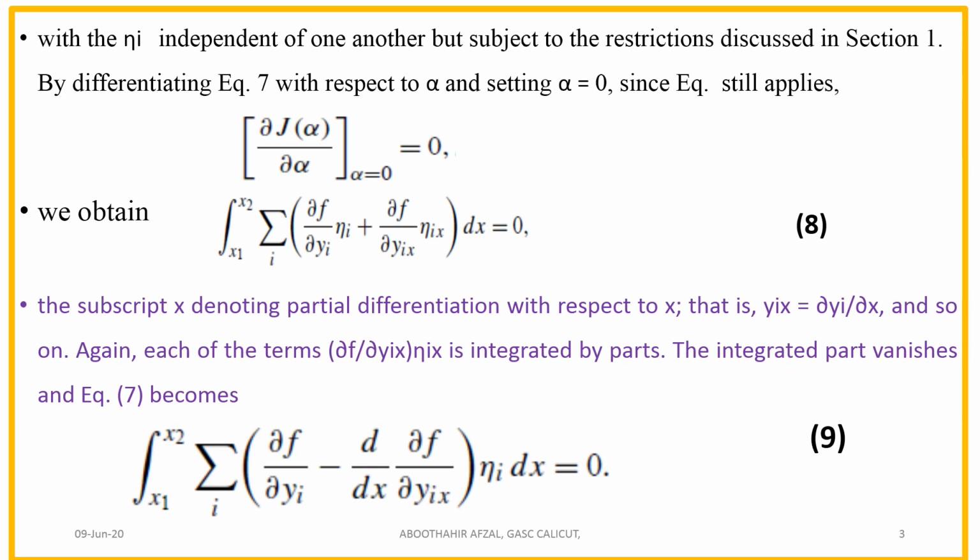Now in equation 1, substituting the value of J in the above equation, dou J by dou alpha will become, since f is a function of yi and yix, the integral from x1 to x2 of dou f by dou yi into eta_i plus dou f by dou yix into eta_ix, into dx.